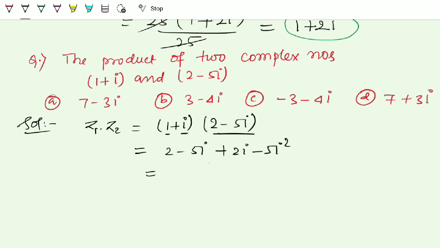Simplifying further, we'll be getting 2 minus 3 iota. Here iota square will be equal to minus 1, so we'll be getting here 5. So it will be equal to 7 minus 3 iota. So A will be the correct answer. This is also one of the GATE questions.